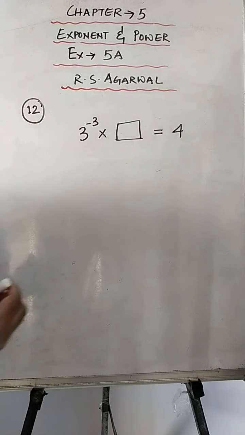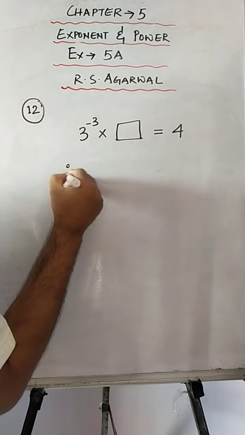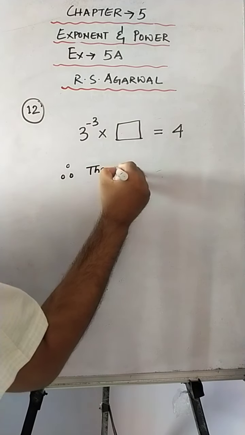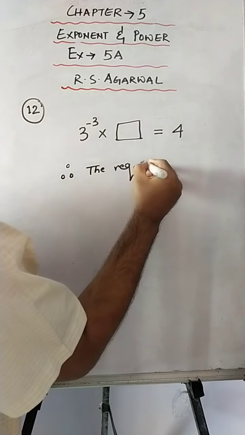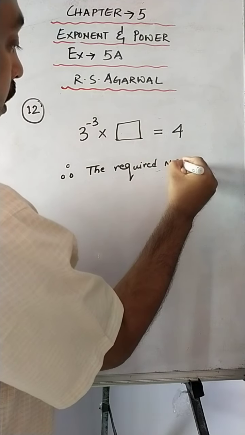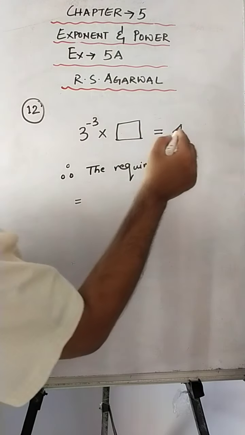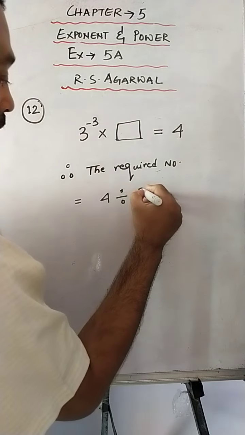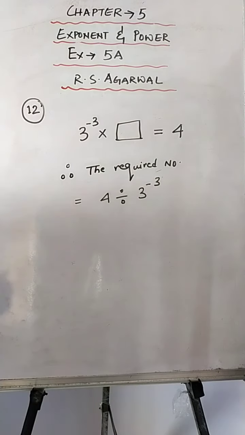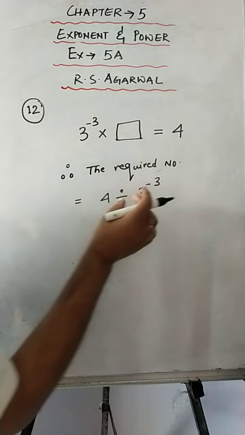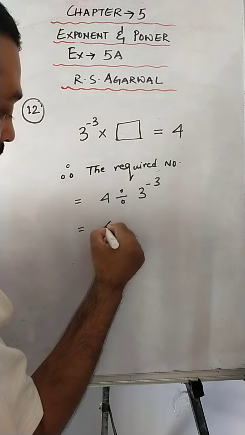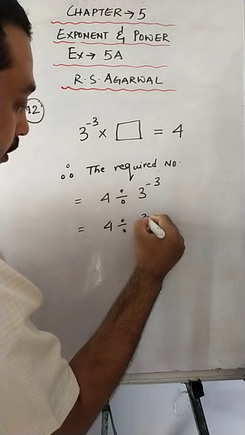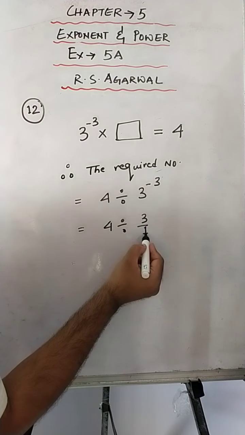So before that, you need to write, therefore the required number. Therefore the required number would be what? That is 4 divided by 3 to the power minus 3. Okay, now this 3 to the power minus 3 can be written as 3 by 1, as we know that 3 is carrying 1 as a denominator.